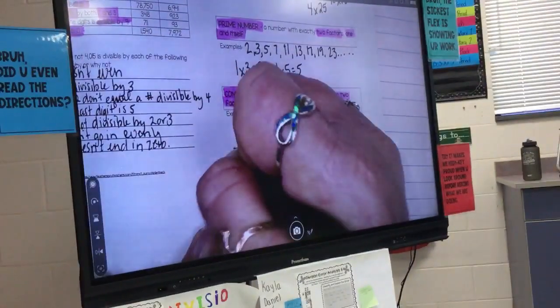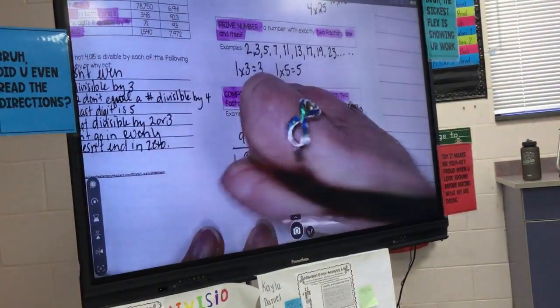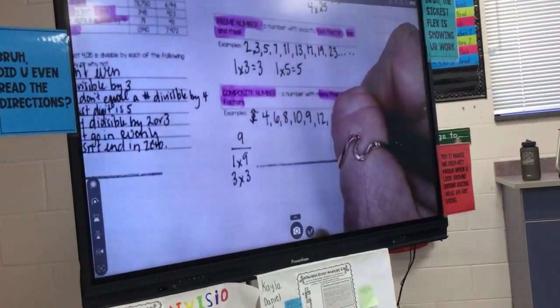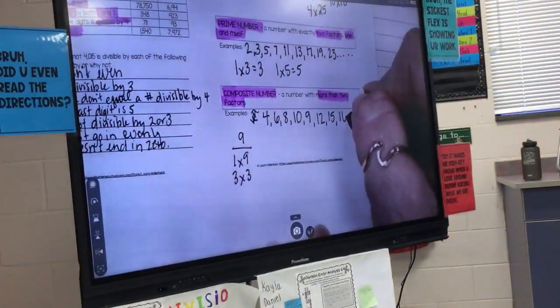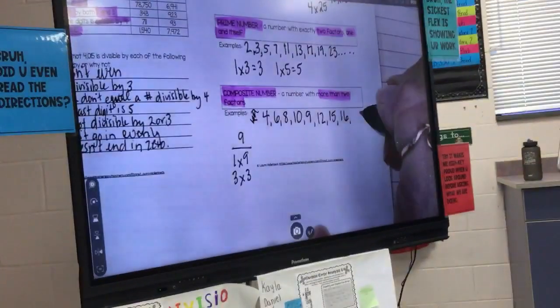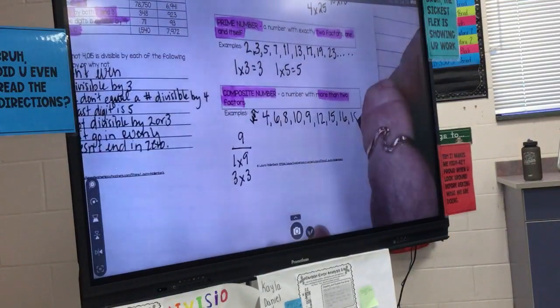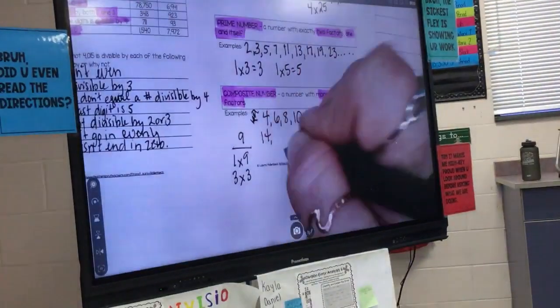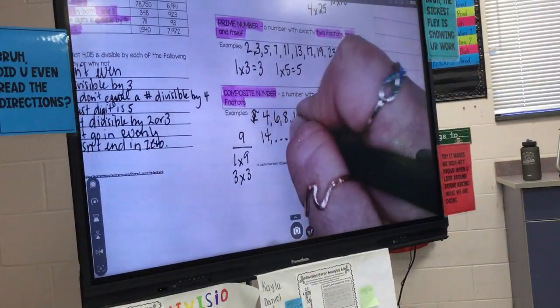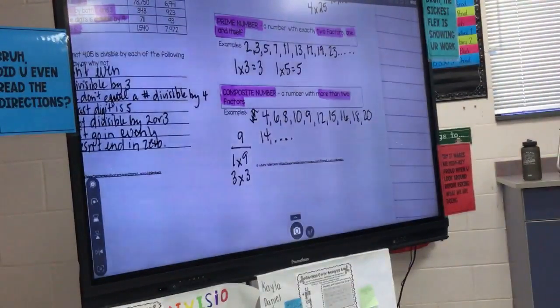So I have 1 times 9, 3 times 3. 12, 15, 16, 18, 20, 14. All kinds, right? So on and so forth. So all of these will have more than that 1 in itself.